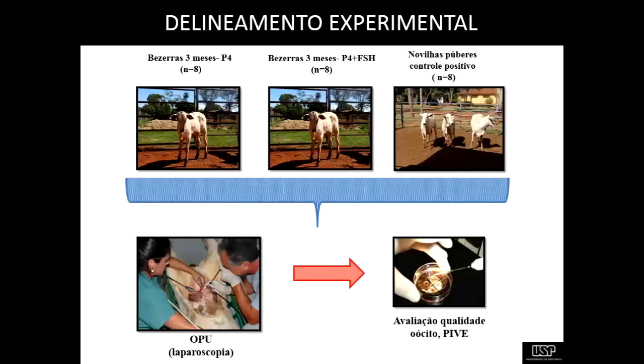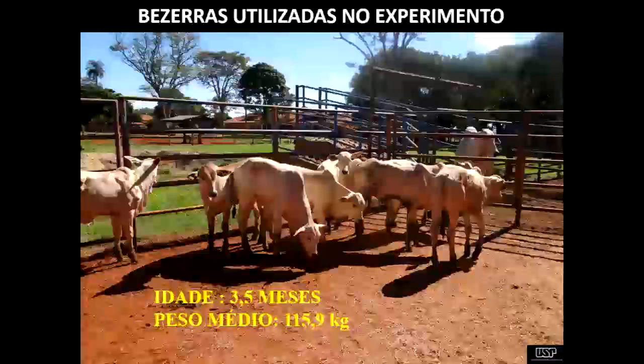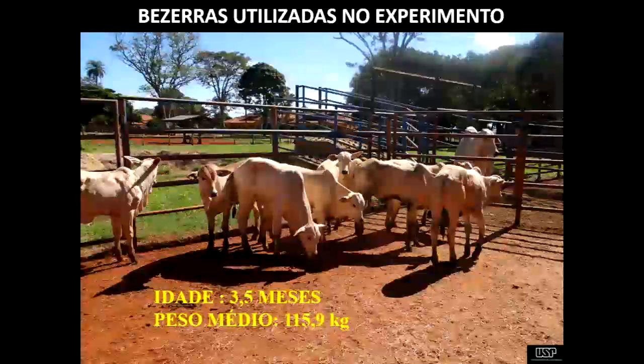In all this analysis we use a positive control, pubertal heifers, on the same day of aspiration. We collect from calves using laparoscopy, and from the heifers using OPU. So this is the model. The calves receive FSH, and we use a sheep device for progesterone priming. Here is the positive control group.